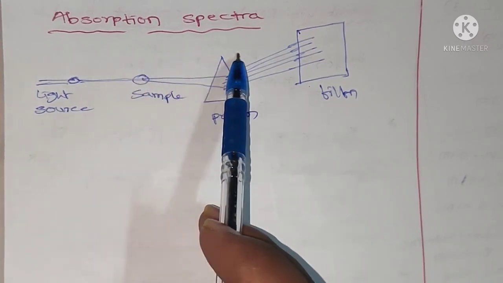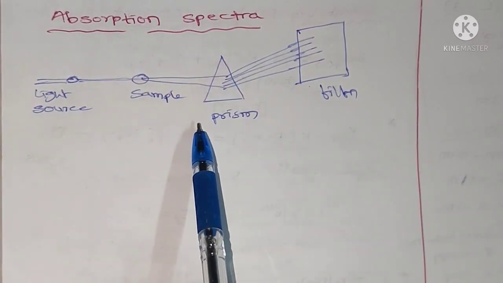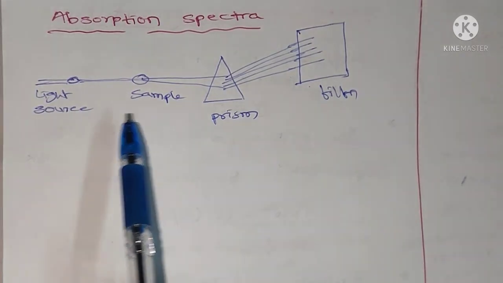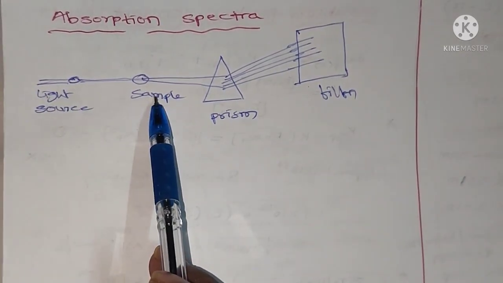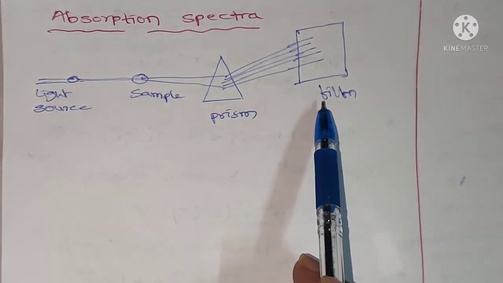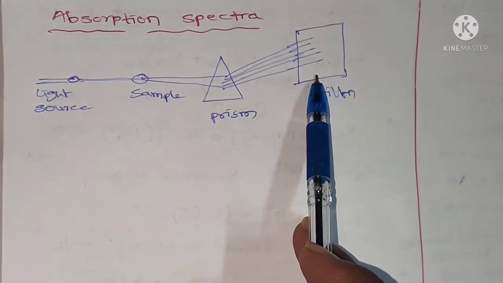Next one, absorption spectra, and this is the diagram for absorption spectra. This is the light source, this one is the sample, this is a prism, and this one is the film.